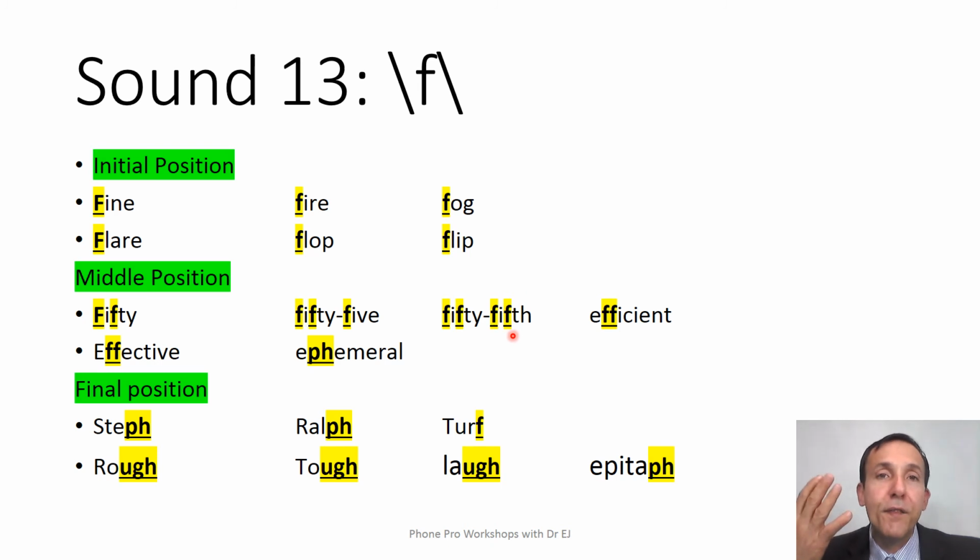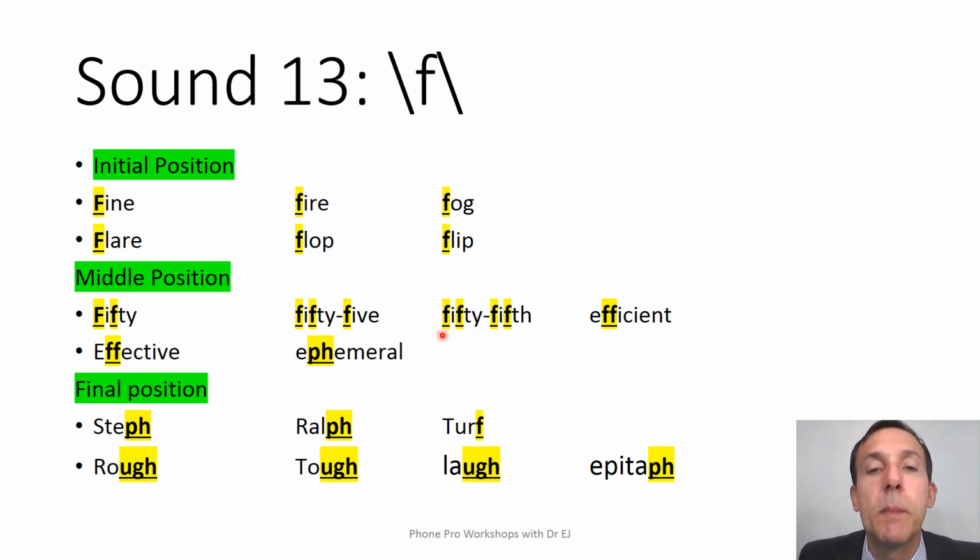We say Fifth Avenue. We don't say Five Avenue. No, we say First Avenue, Second Avenue, Third Avenue, Fourth Avenue, Fifth Avenue, and we must pronounce this last th. It's part of the word. You cannot drop this consonant sound.